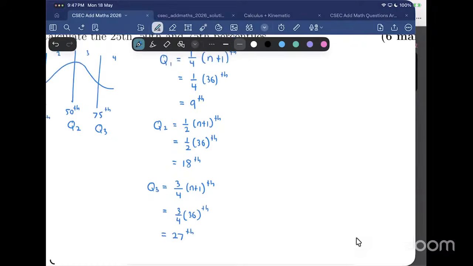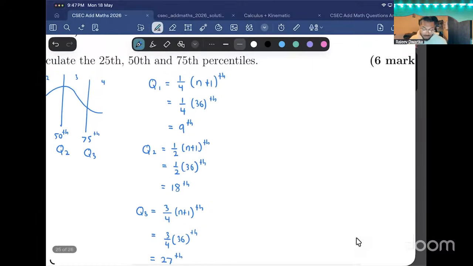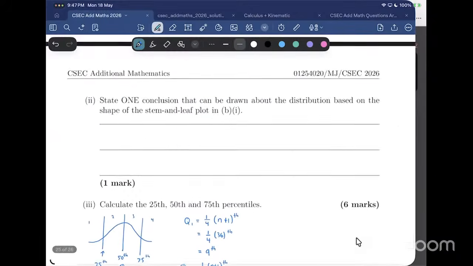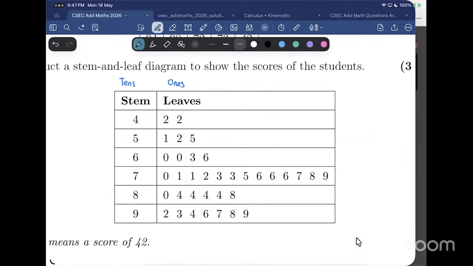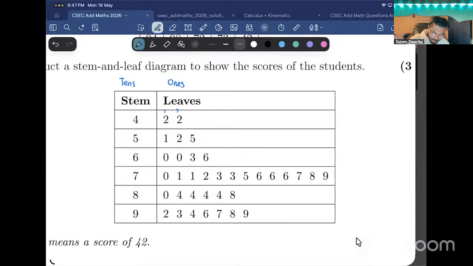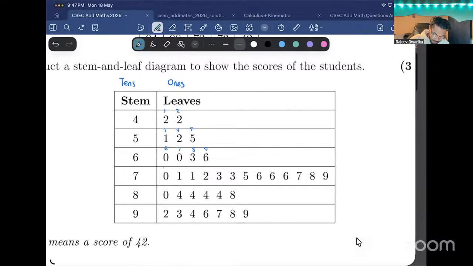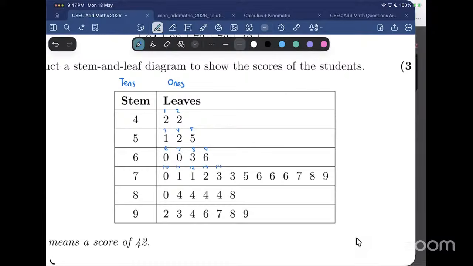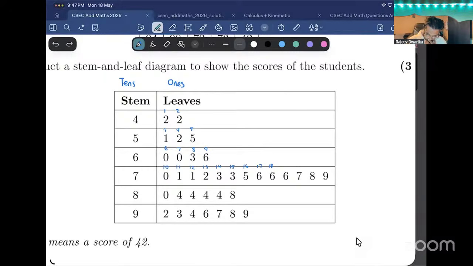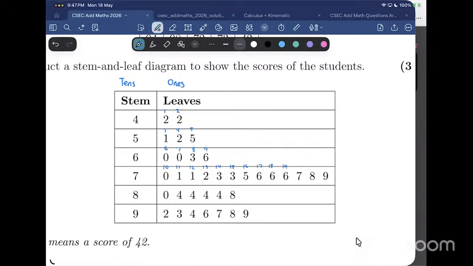So let me show you how we could find Q1, Q2, and Q3. We're going to go back here, and I'm going to label this quickly. So this is my first, second, third, fourth, fifth, sixth, seventh, eighth, ninth, 10th, 11th. I think you get the idea, right?